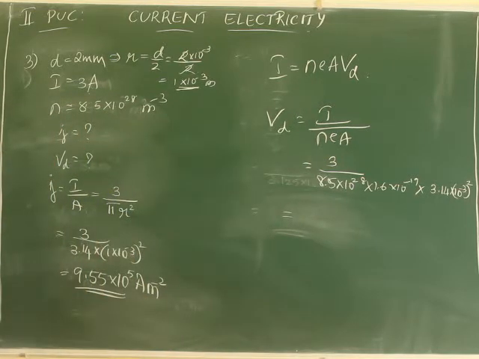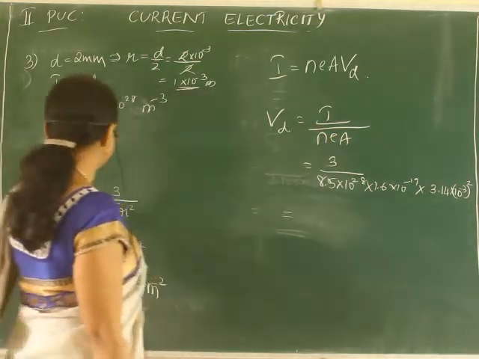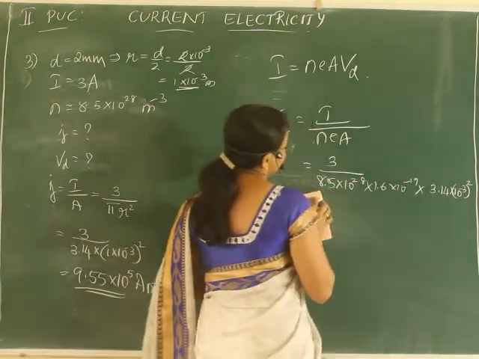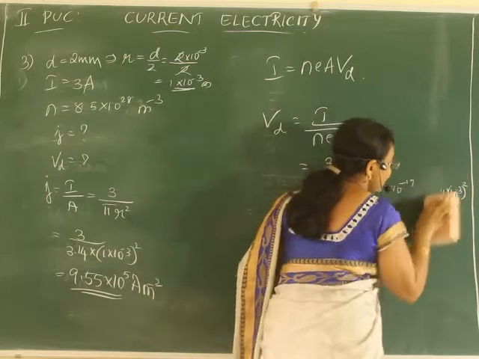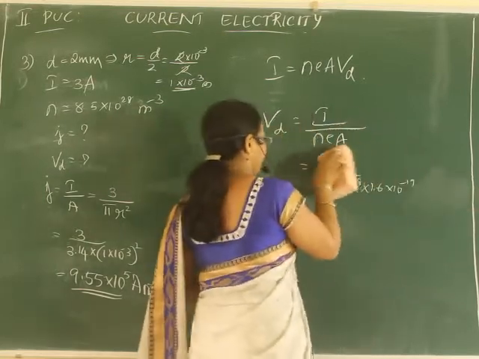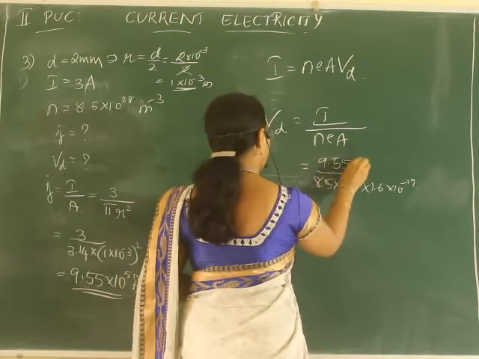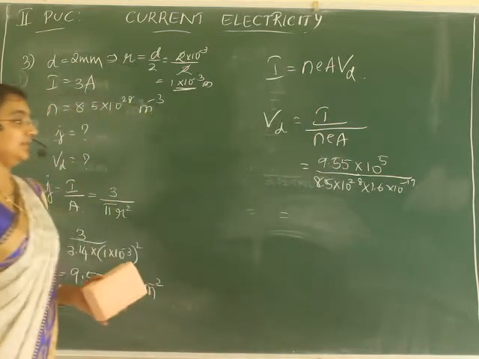Instead of this, see here, I by A you know already. So, can you write it like this? Can we write it like this?